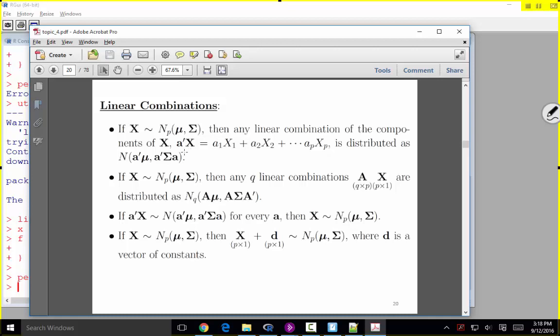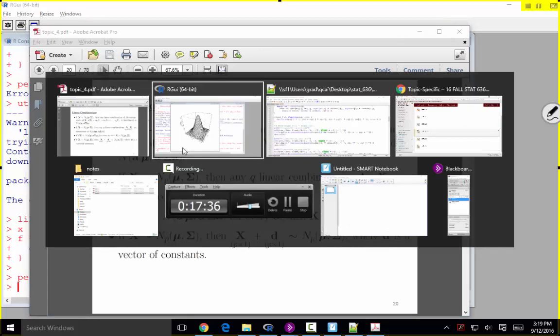For any A, a linear combination of the x's, we already know from topic 2 the expected value of this. Let me write it down on the whiteboard.